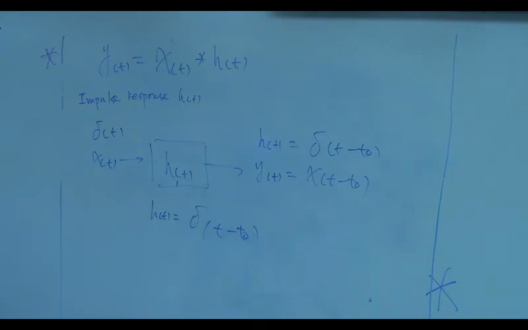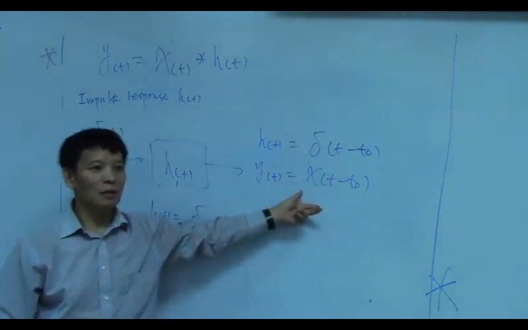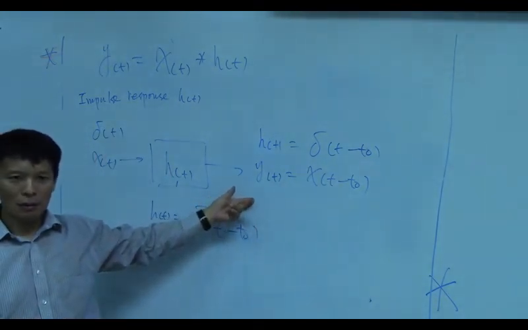Is this understandable? Look at the system. You give me x(t), I give you x(t) minus t0. That is the system. What is the impulse response?